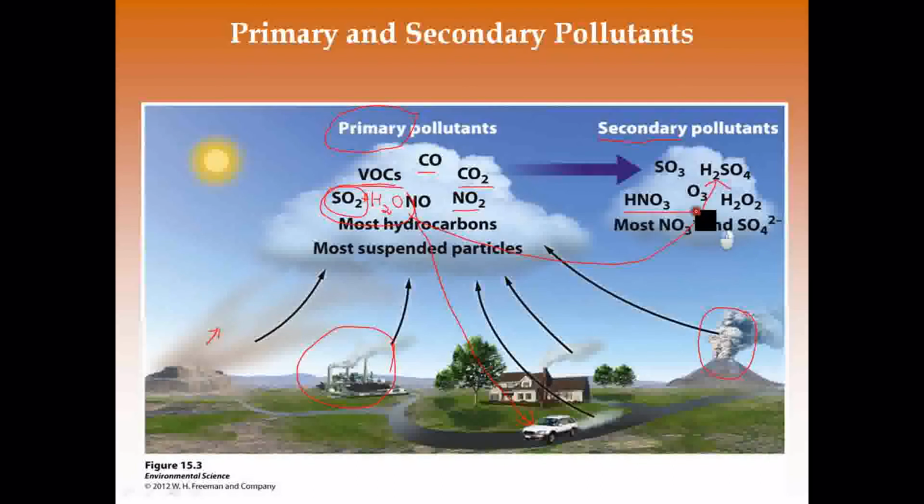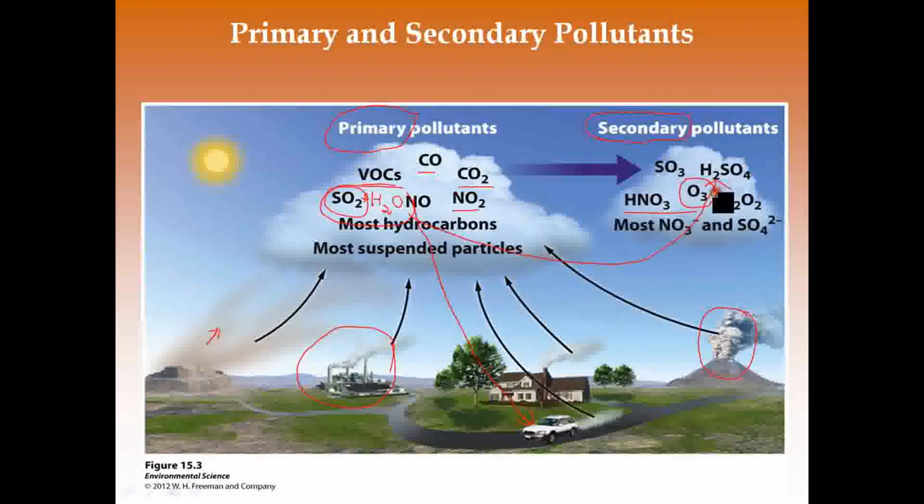Same with nitric acid here. These chemicals are produced in the atmosphere. That's why they're called secondary. Nobody is pumping sulfuric acid into the air, but they are pumping SO2 that reacts with water vapor to form it.